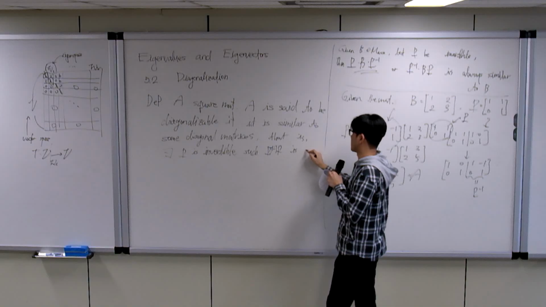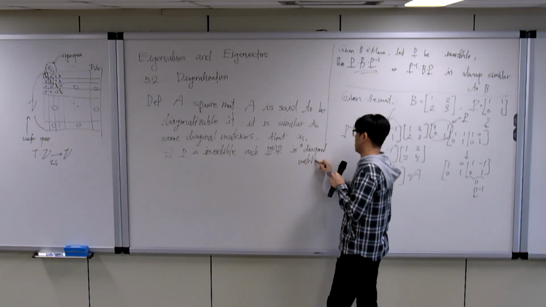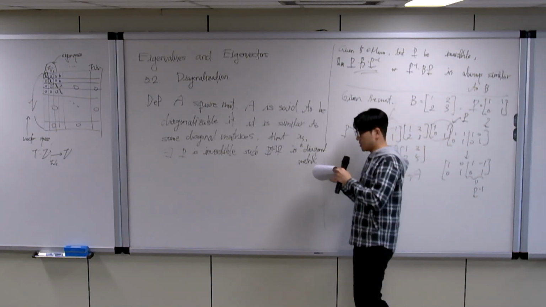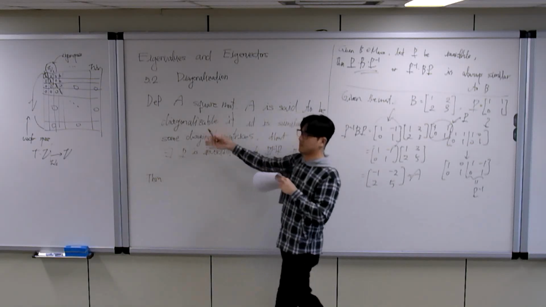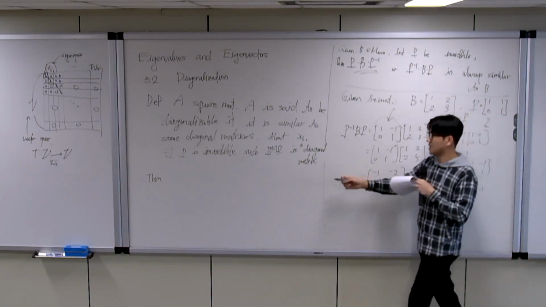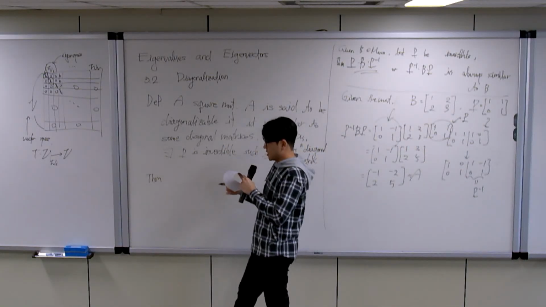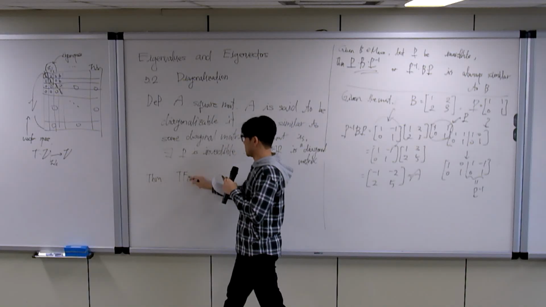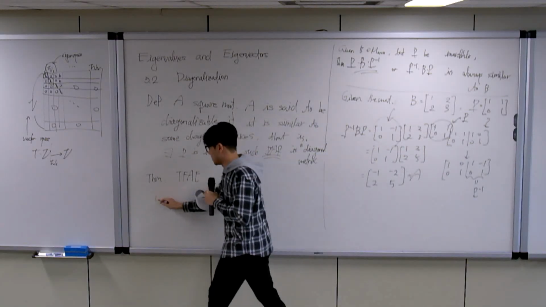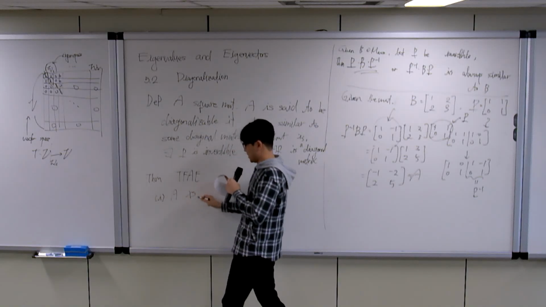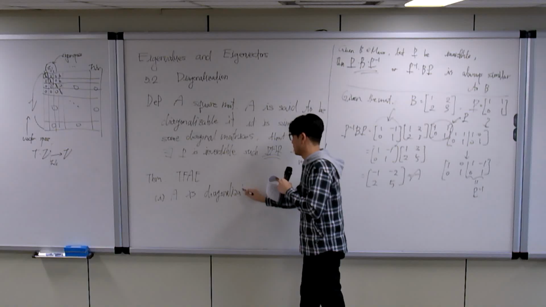Then that means you can find an invertible matrix P such that P inverse AP is a diagonal matrix D. And equivalently, we can see the equation in the form of AP equals PD by multiplying P to the left side of each term.